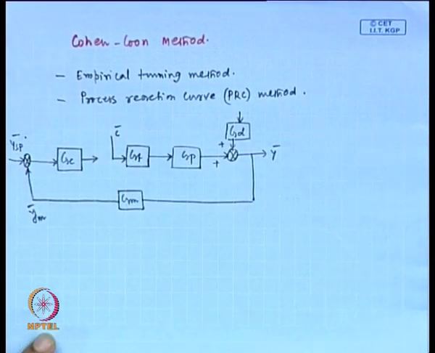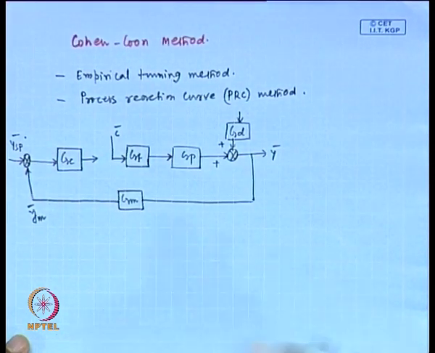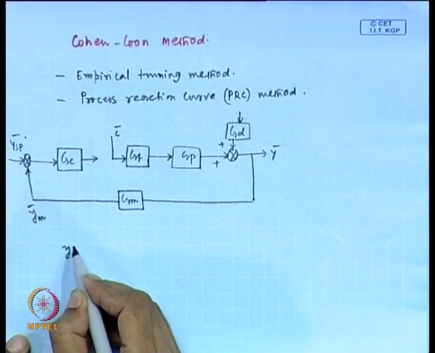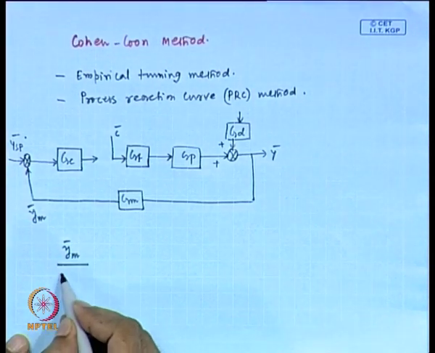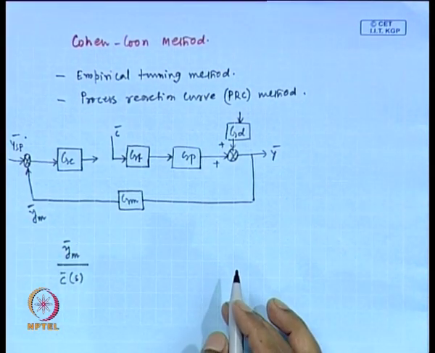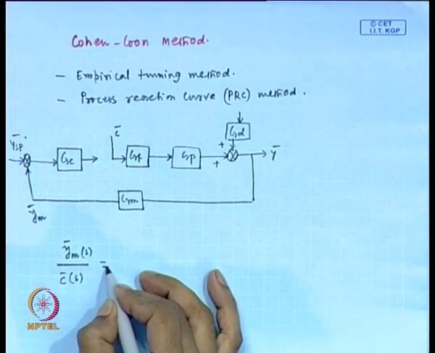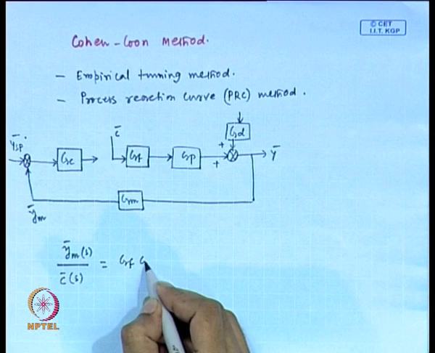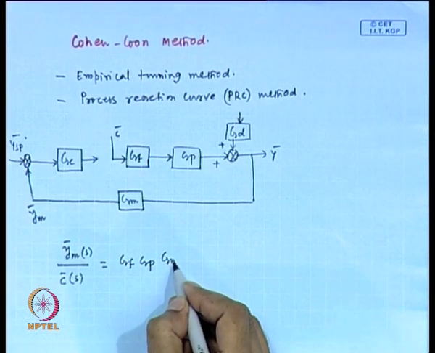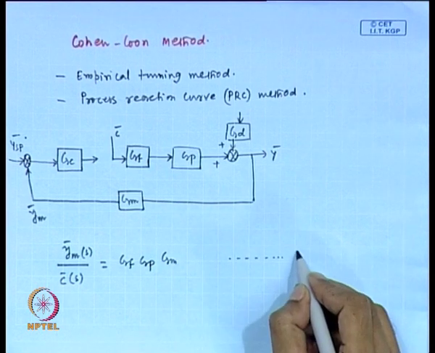If we disconnect the final control element from the controller, then we can write the output Ym bar divided by input C bar(s) equals Gf Gp Gm. Definitely this is for the case of SISO problem.